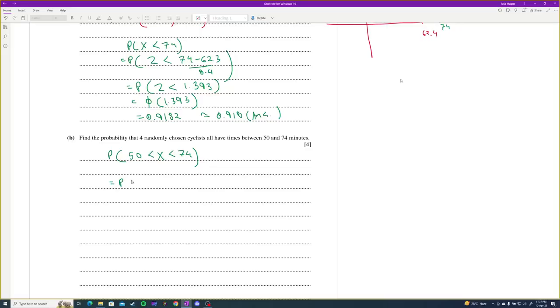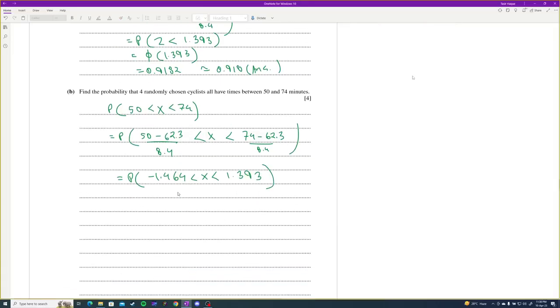This is P of (50 minus 62.3) divided by 8.4, and (74 minus 62.3) over 8.4, which gives minus 1.464 and 1.393 over here.